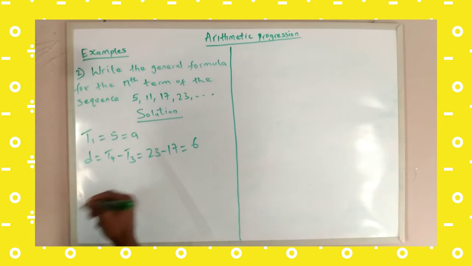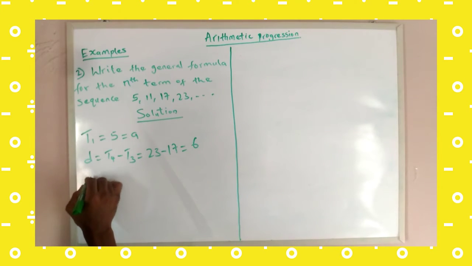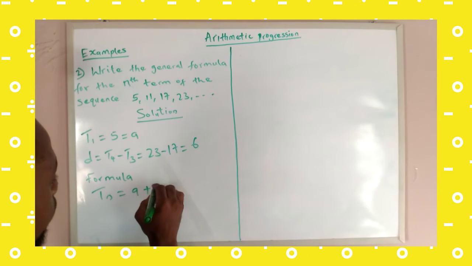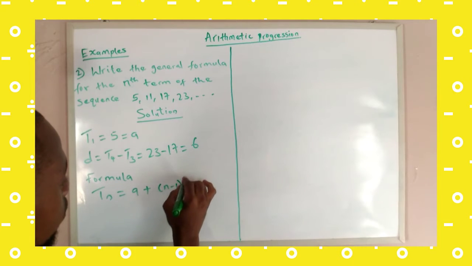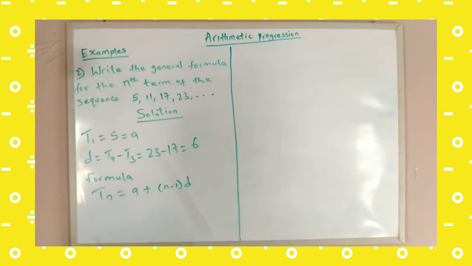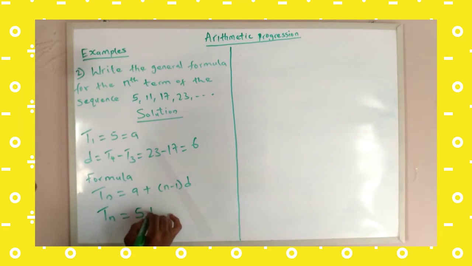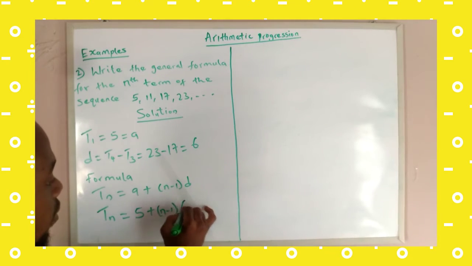In order to do that, we know that the general formula for the nth term of an AP is Tn equals A plus n minus 1, D. Now, for this same question, our Tn will be equal to, our A here is 5, and our D here is 6.